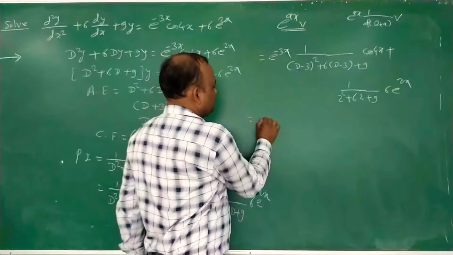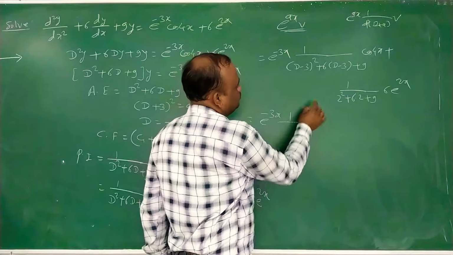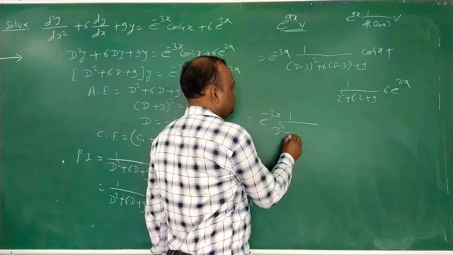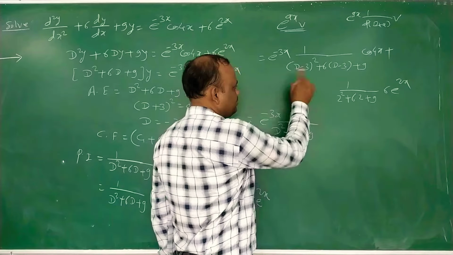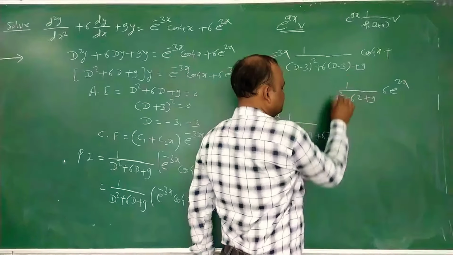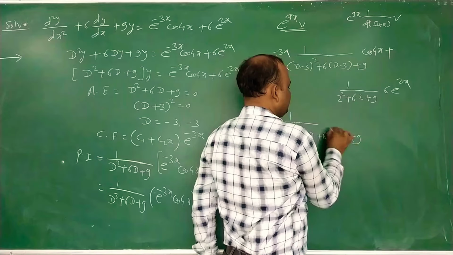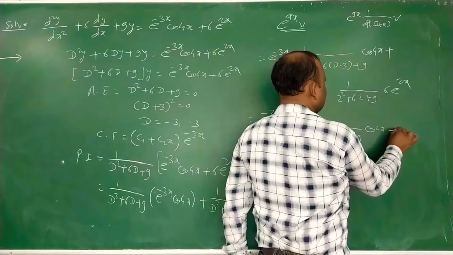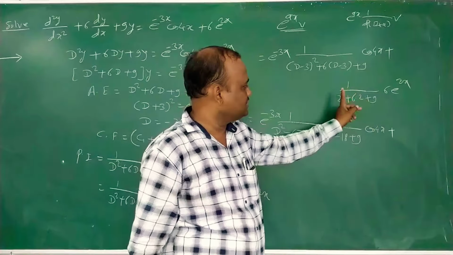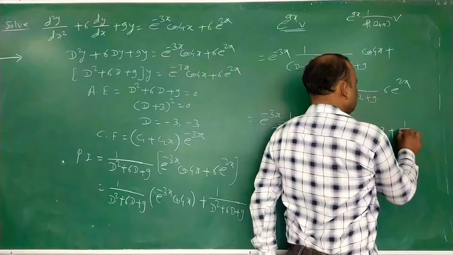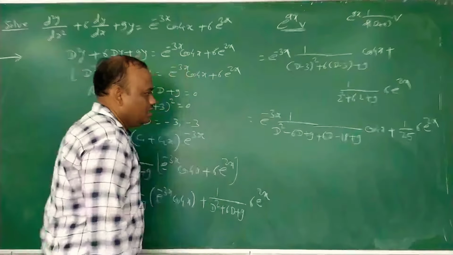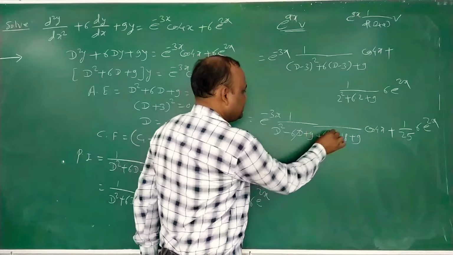So this is equal to e^(-3x) into 1/(D - 3)² expansion, which is D² - 6D + 9 using (a - b)². Then 6 multiplied inside, plus 6D, 6 into 3 is -18, plus 9, into cos 4x, plus: 2 square is 4, 6 into 2 is 12, 12 plus 4 is 16, 16 plus 9 is 25. So 1/25 into 6e^(2x).